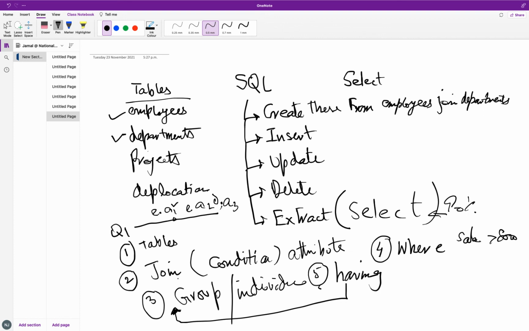If a join is there, I have to mention the joining condition with on. So this is, for example, employees dot dept number should be equal to departments dot dept number.